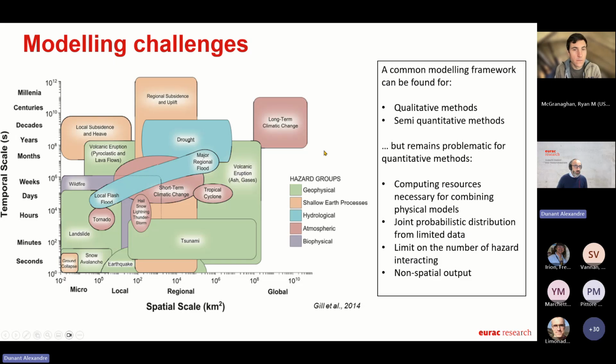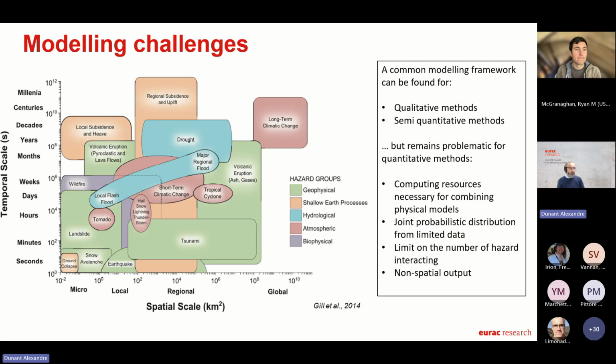So for anyone who has attempted to do multi-hazard modeling, there are a set of challenges. Hazards have a wide spectrum of spatial and temporal scales.